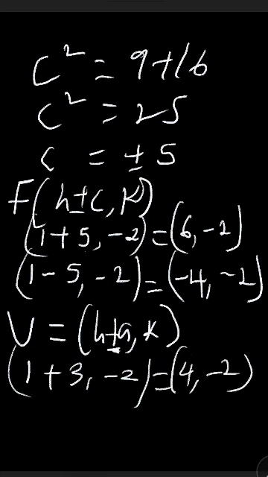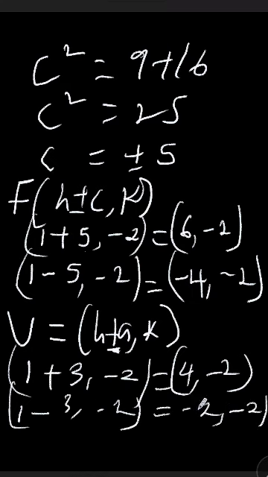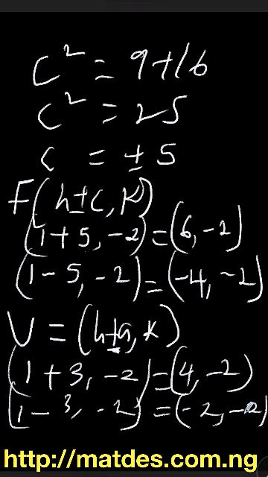So that is the vertex. While the other vertex is h minus a. We've taken h plus a, now h minus a. And h is 1 minus a, that is minus 3, comma k, minus 2. It's equal to 1 minus 3, that is minus 2, comma minus 2. So the values of the vertices are 4, comma minus 2, and minus 2, comma minus 2.